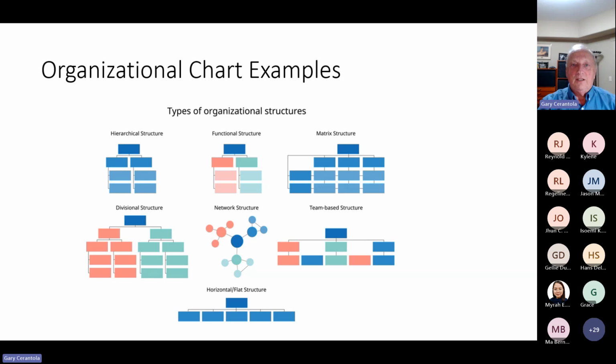So that's really a functional structure. The matrix structure really is a project structure, and what you can see here is that these would be project managers. This would be a project, right? Let's just say that Amazon wants to get into the furniture business.